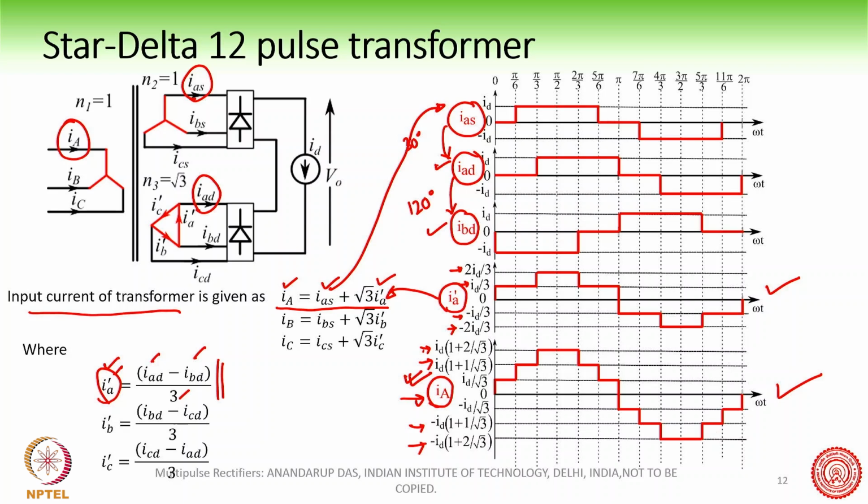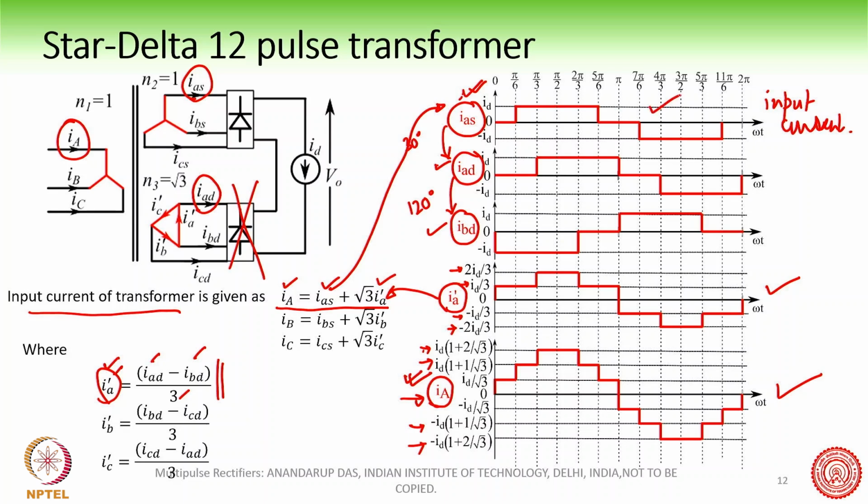So this waveform is completely different from this IAS waveform. You can understand that because of this 12 pulse arrangement, the input current waveform has completely changed. Suppose we had only a 6 pulse rectifier, then this was the input current in that case, and this was very rich in harmonics.